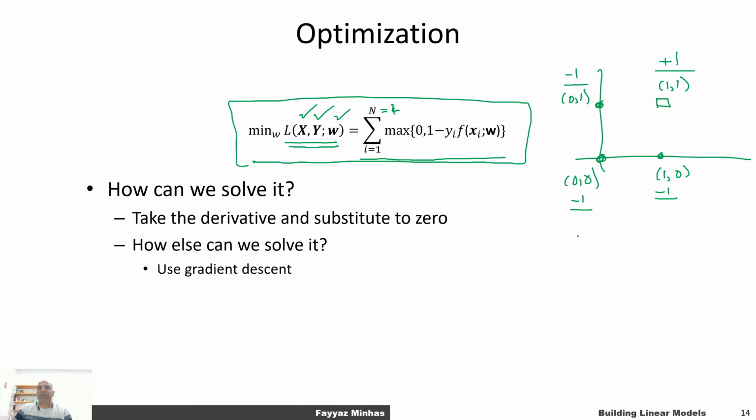Let's say we have a linear discriminant, and we can write that as w1 x1 plus w2 x2 plus b equal to 0.